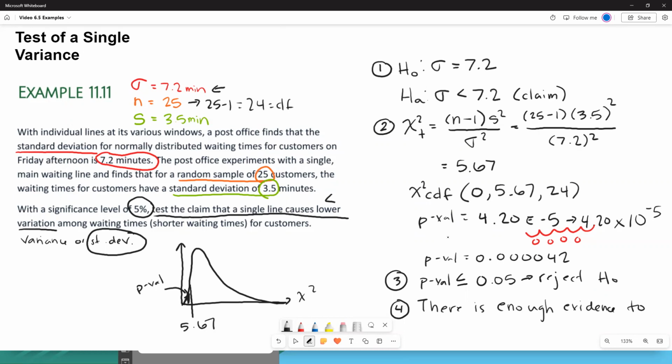There is enough evidence to support the claim that, and then we go back to the word problem, and it says a single line causes lower variation among wait times for customers. So this section that is in parentheses in blue is the tail end to that summary. There is enough evidence to support the claim that a single line causes lower variation among wait times for customers.